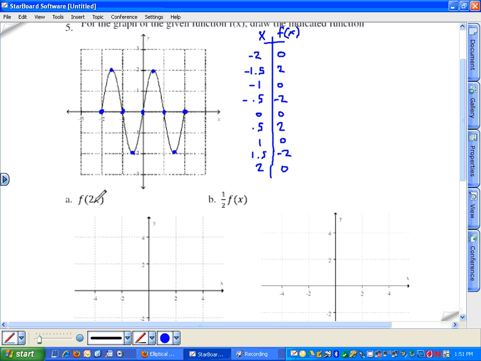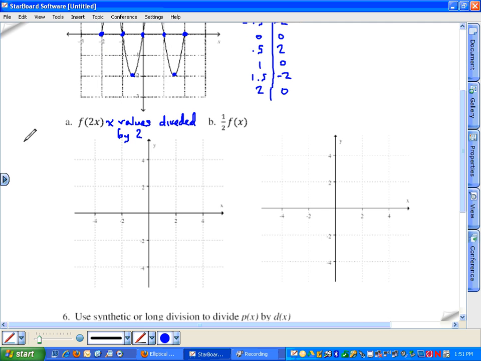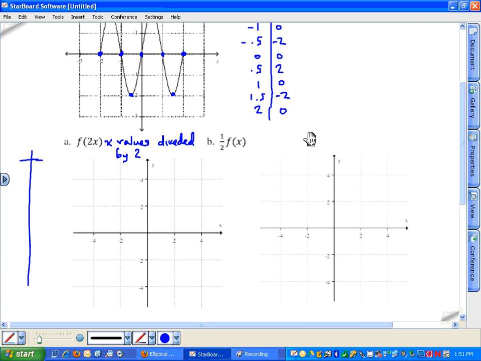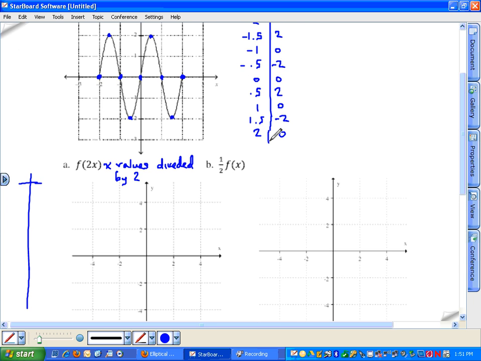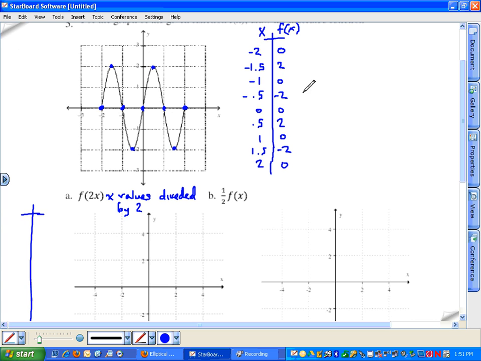So the x values here are divided by 2. So if we made a new xy input-output chart, we're going to base it off the original chart that we have made here, except all the x values need to be divided in half.